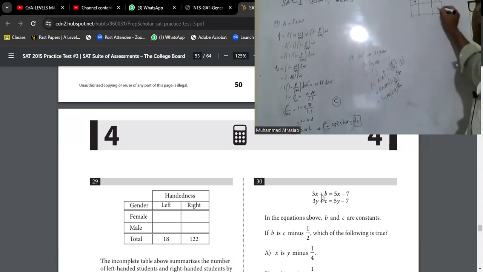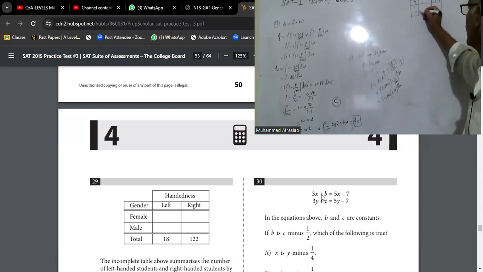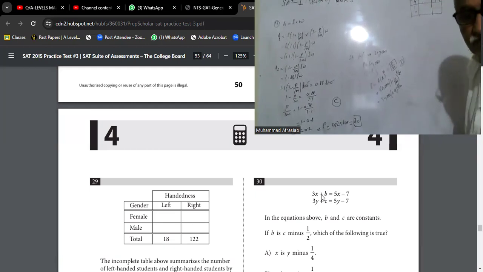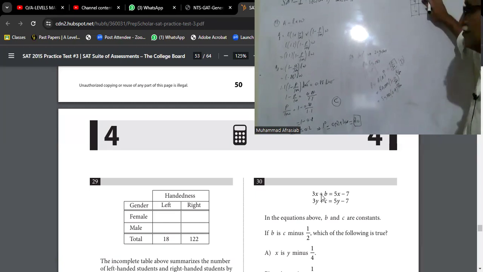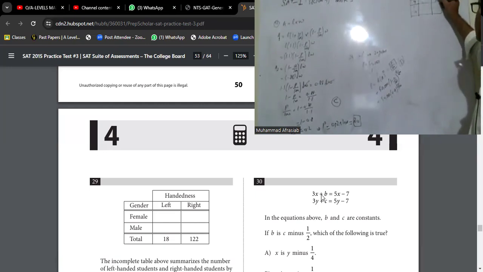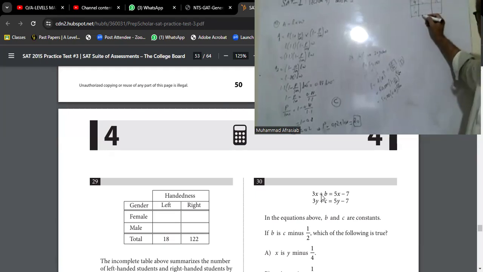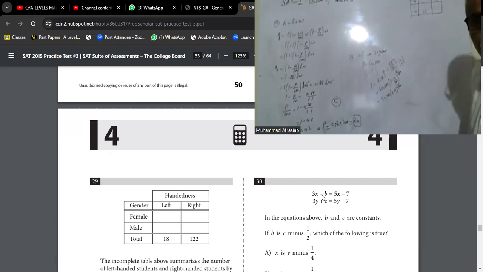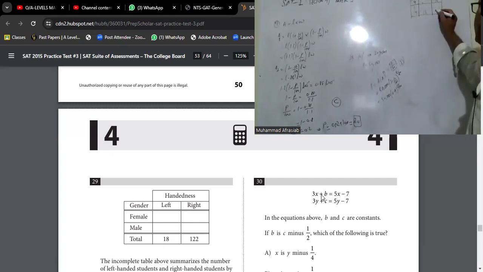Gender: female and male. Here are the left, these are the right. Total left-handers there is 118. Total right-handers are there 122.